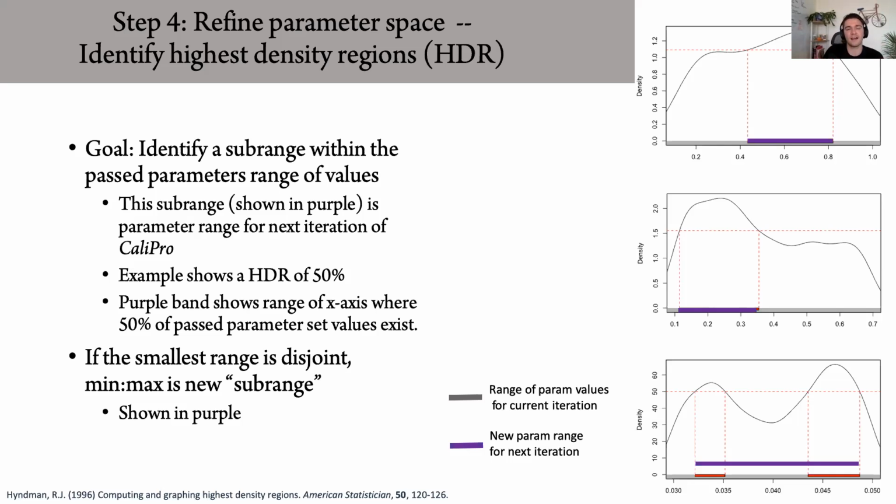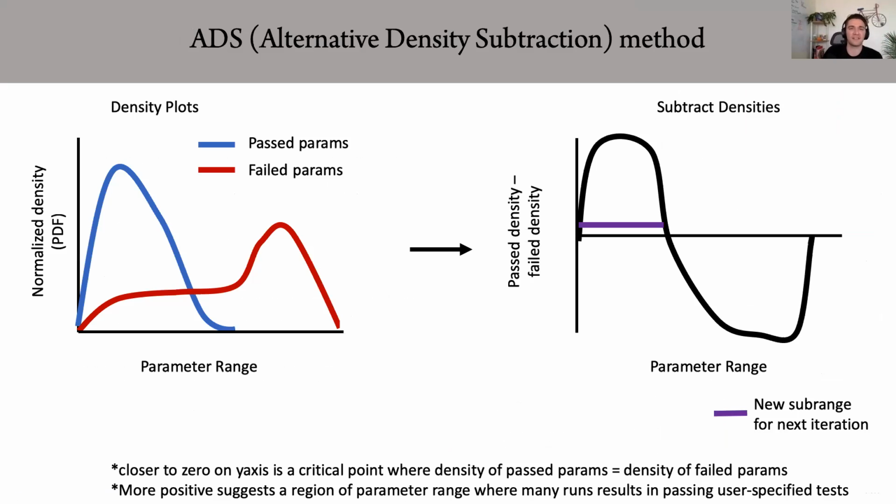Okay, so the second option here, instead of HDR selection, is what we call ADS selection. This method actually leverages the information from both the pass parameter sets and the failed parameter sets in order to create our new subrange.